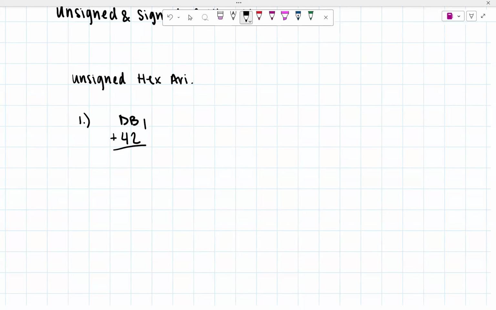The first thing we want to do is B plus 2. And remember in the previous video, I told y'all that B is represented by 11 because A is 10. I'll kind of just rewrite this as a reminder.